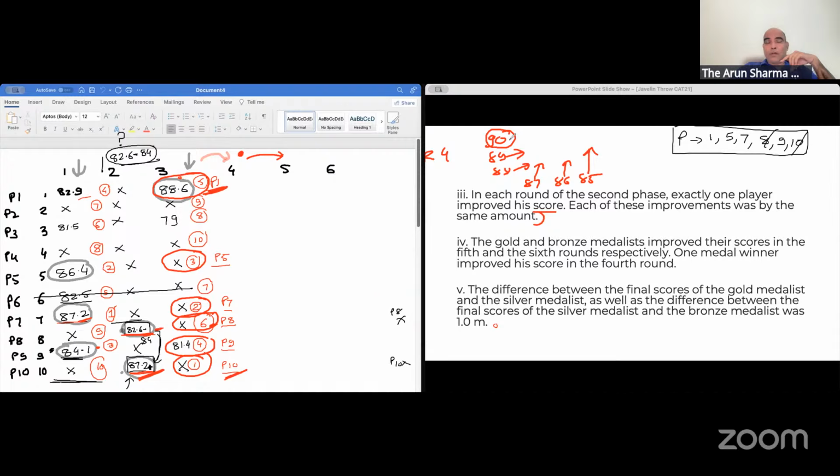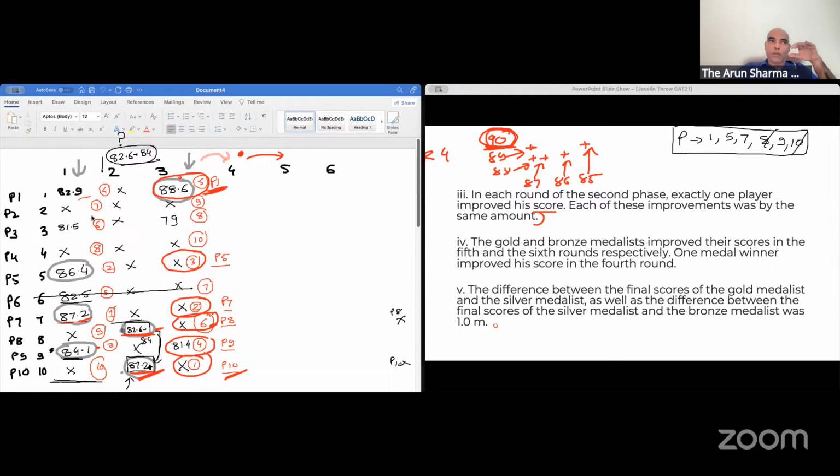Please, I'm repeating this part. You are the last thrower of the fourth round because you have the maximum score. To become the first thrower of the fifth round, you have to have the minimum score amongst the six people. For that, five people have to raise their scores and you do not raise yours.